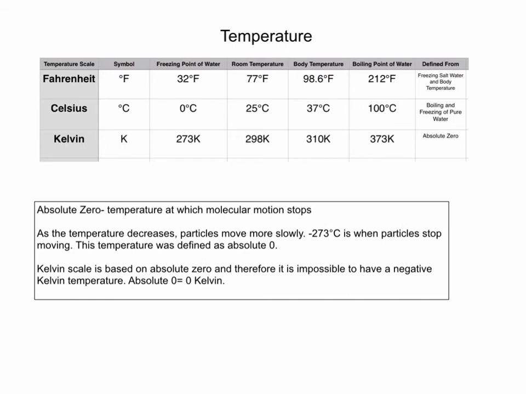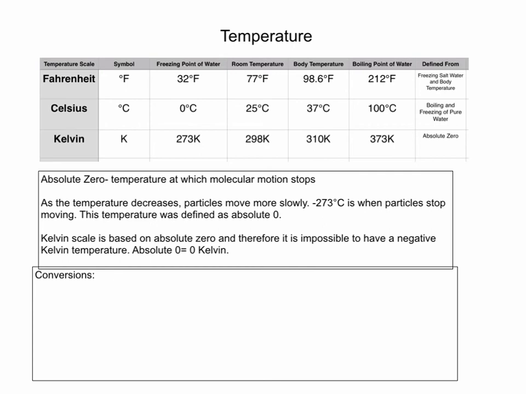And that is why the freezing point of water seems so high, 273 Kelvin. That's 273 degrees above absolute zero. So you can't get colder than absolute zero. It's actually impossible to reach absolute zero, even though scientists have gotten really, really close, within tenths of a degree of absolute zero.